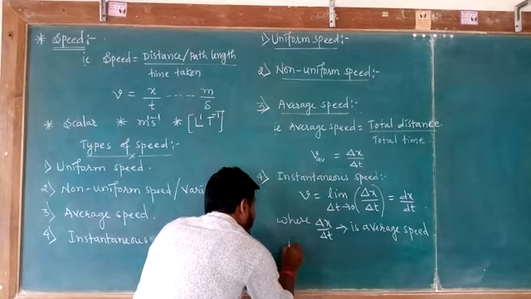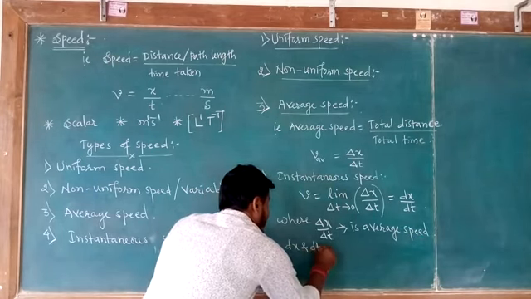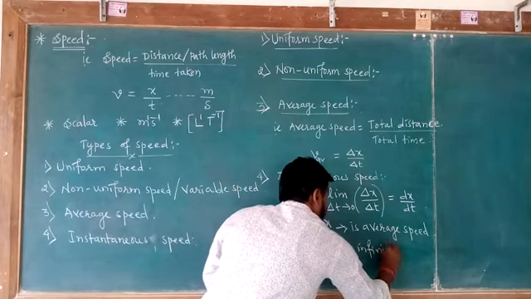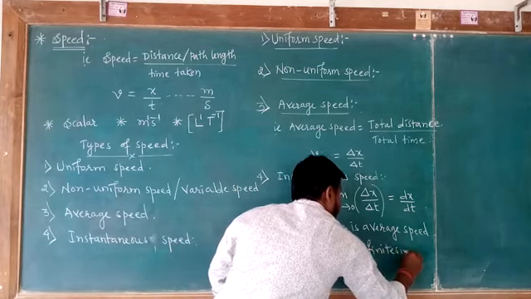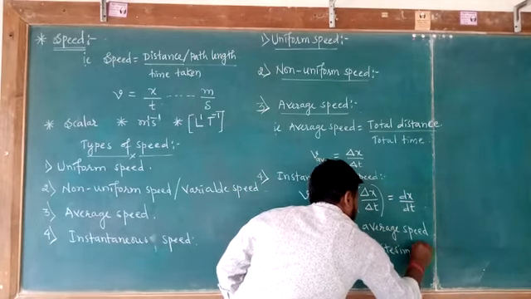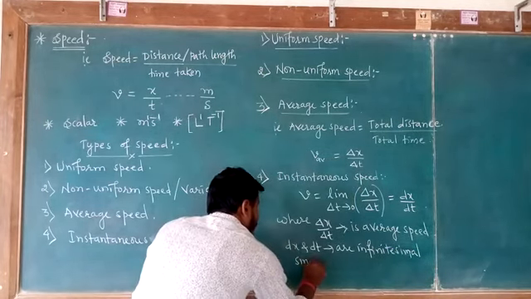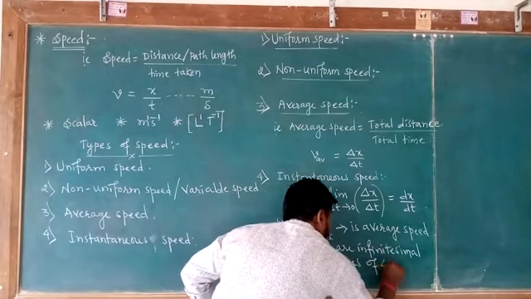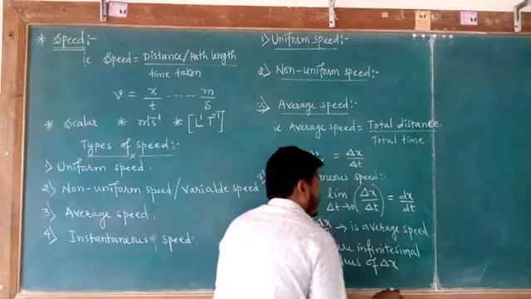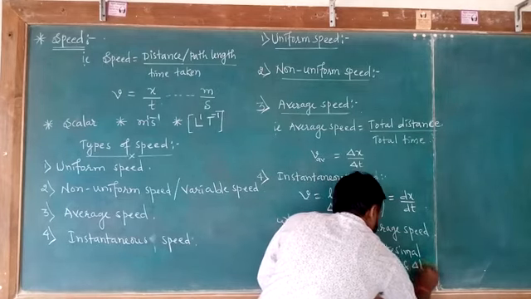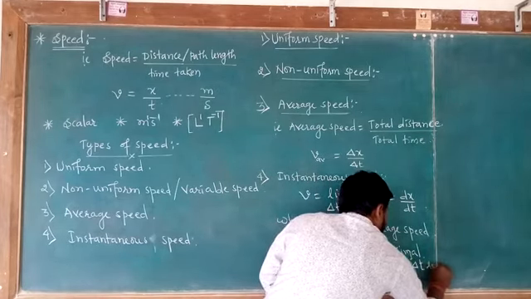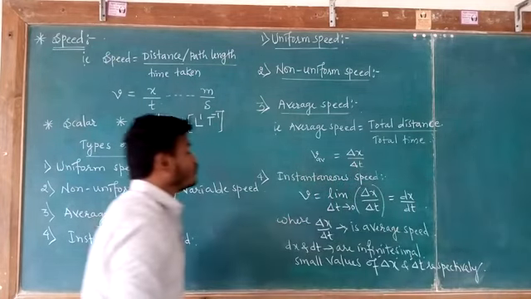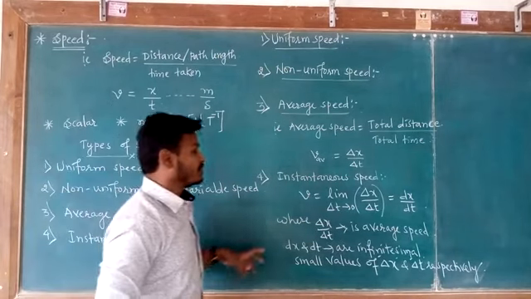And dx and dt are infinitesimally small values of the total distance traveled by the body, that is delta x, and the total time taken, that is delta t, respectively. This is what we had to say about instantaneous speed.